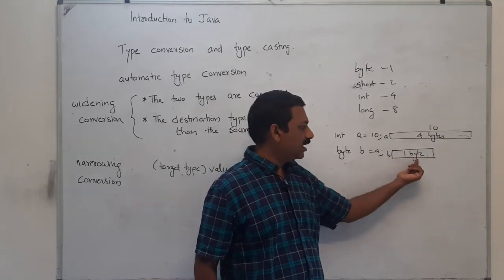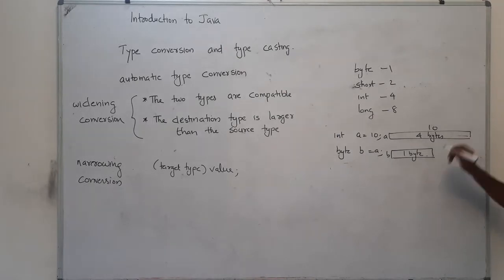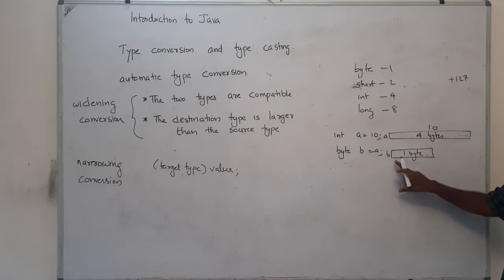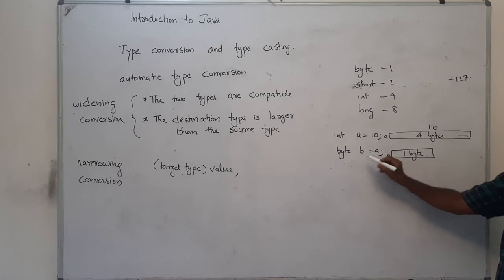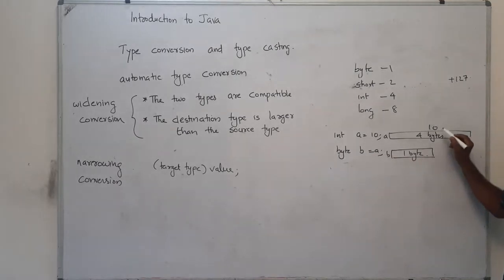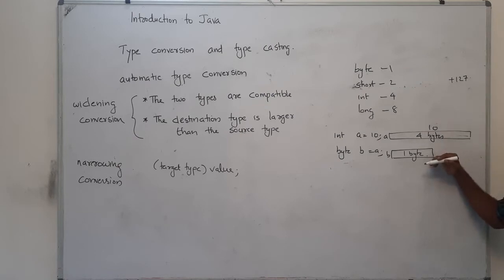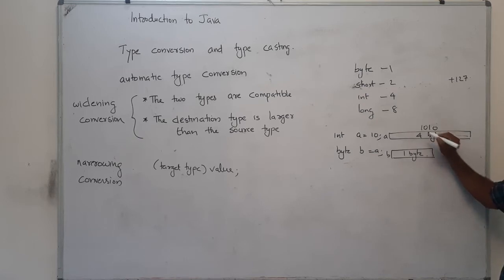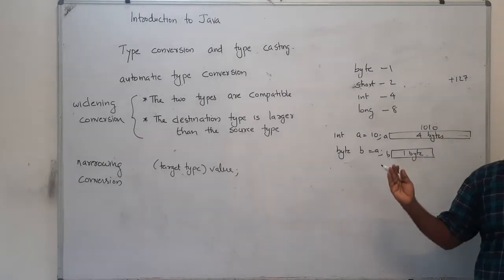One byte can store a maximum value of plus 127. As I told you, the range of values that can be stored in a byte is minus 128 to plus 127. As this 10 is in this range, there is nothing wrong in it. But suppose the value you have stored here is say 1010. When you are assigning this 1010, it is wider than 1 byte.